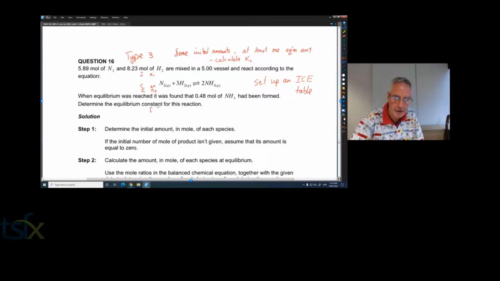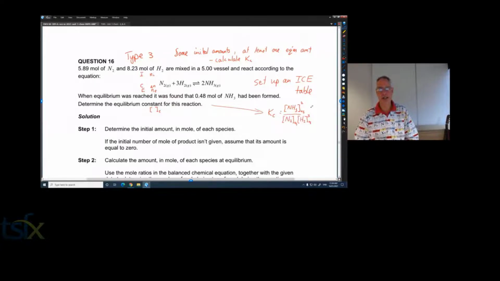And then I'm going to have a concentration at equilibrium, because working back from the answer, I know that the Kc will equal the concentration of NH3 at equilibrium, I'm going to definitely put it in now, divided by the concentration of N2 at equilibrium times the concentration of H2 at equilibrium raised to the power 3.